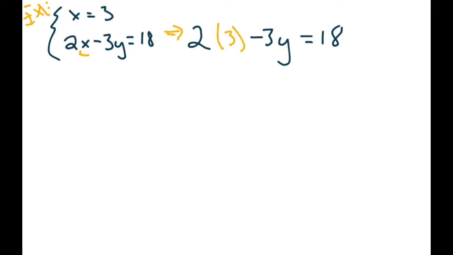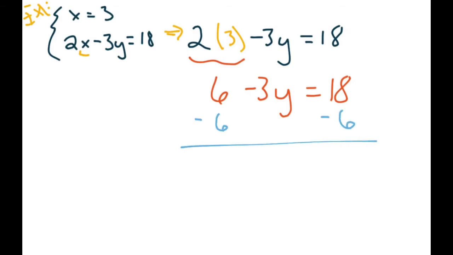Now you're just going to solve for y here. This is an equation that we've solved before. So 2 times 3 is 6, and then you have minus 3y equals 18. Now you just have to get y by itself, so we're going to subtract 6 on both sides, and you get negative 3y equals 12. Then you divide by negative 3.